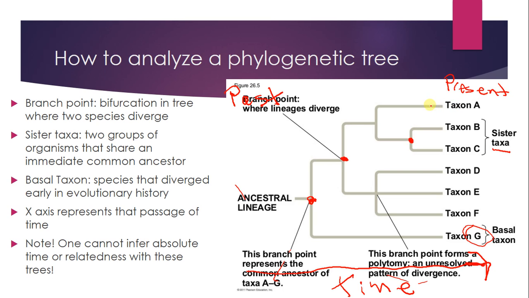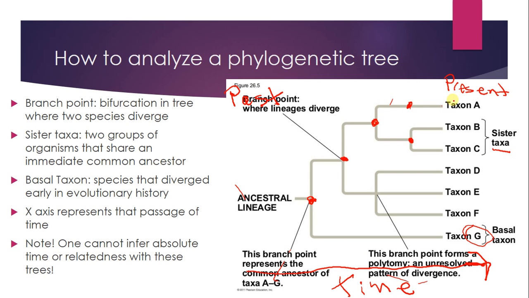So for example, these branches aren't necessarily proportional. Putting this dot here is arbitrary, it doesn't mean that taxon B and C arose in the midpoint between the common ancestor and present day. It doesn't say that. We can't infer absolute time.